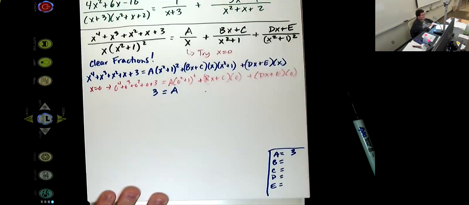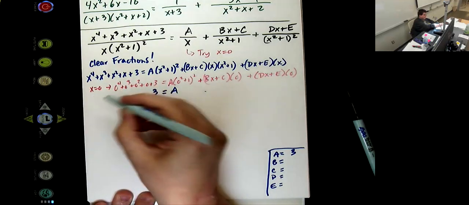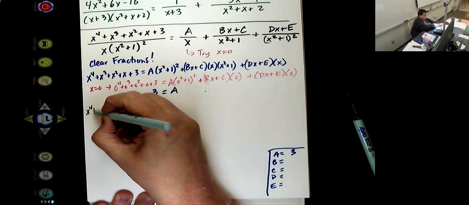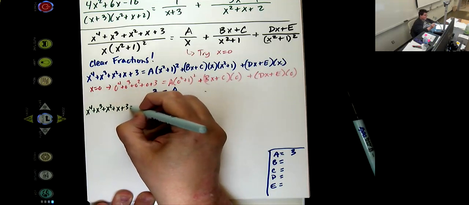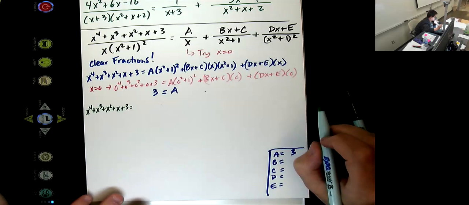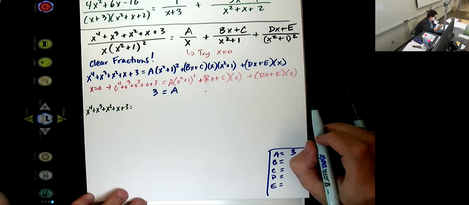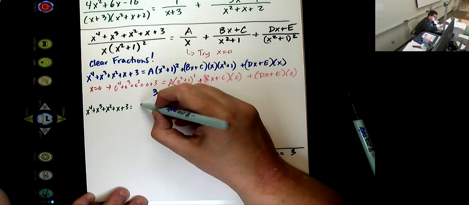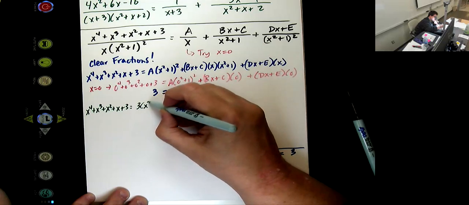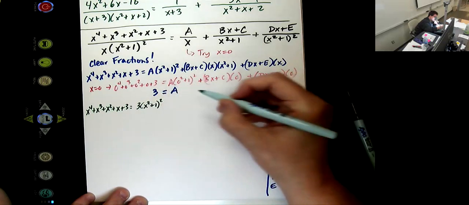This sucks, but you gotta multiply it out. I can stick in A.